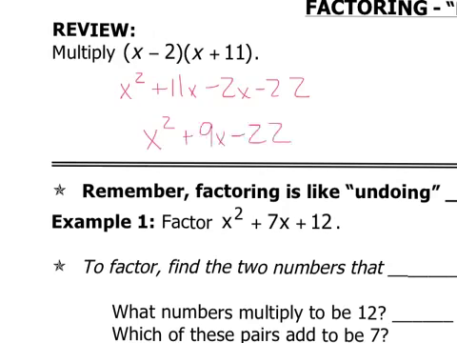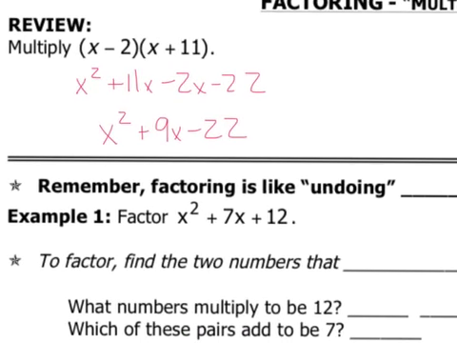Okay? All right, so I want you to tell me, over to the side of that problem, to find the factors. So just similar to how we would do the AC method, if I took x squared times negative 22, I'd be finding the factors of negative 22 that add to 9. What are the two factors that multiply to negative 22 that add to 9?